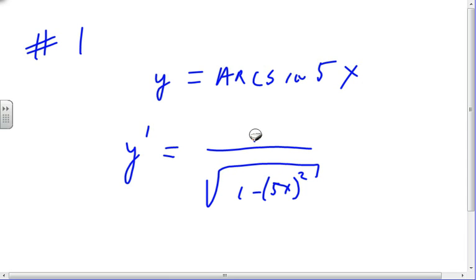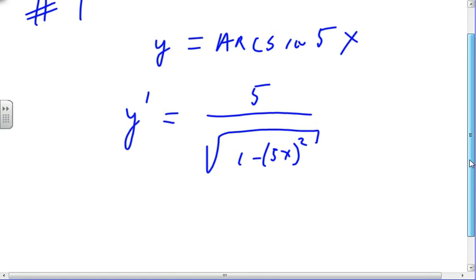So I would get rid of the 1 and put a 5 there, and I would be done. I'm not going to do that problem without having my book open to the right page, though, because I'm not going to remember what it is.